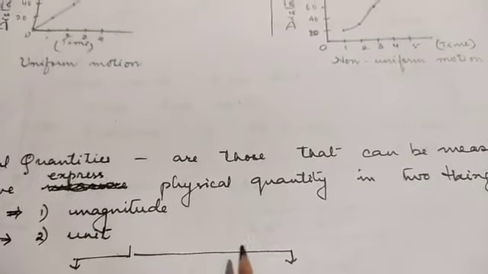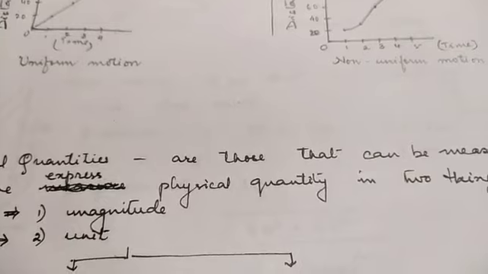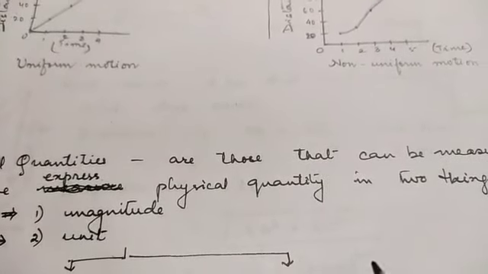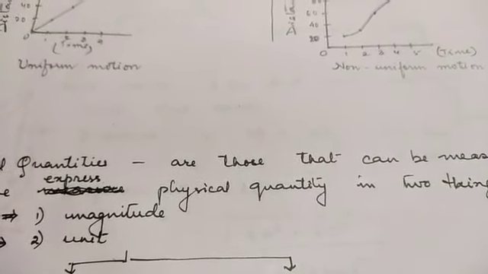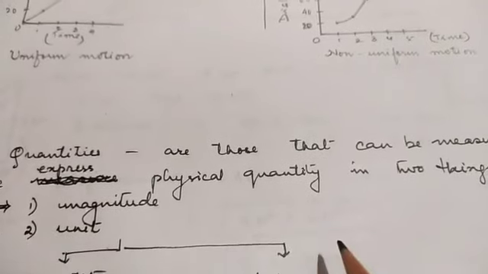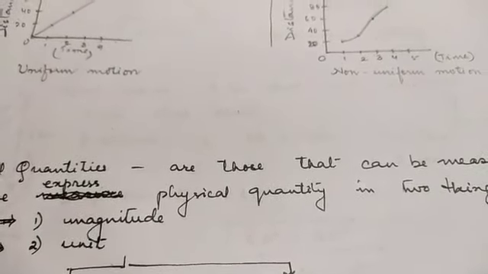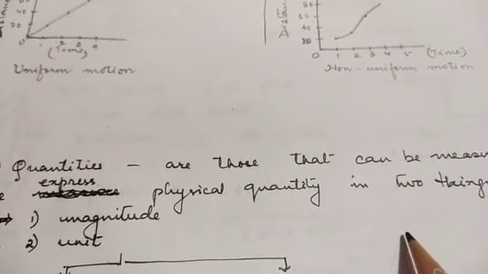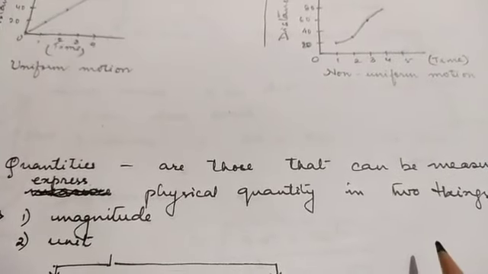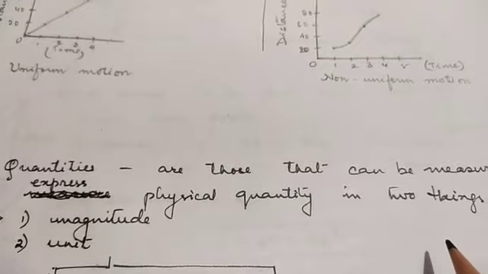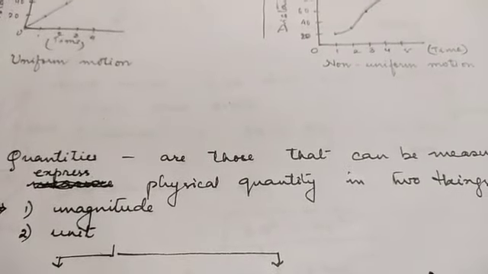Suppose you go to the market to buy any vegetable. Then what do you say? Do you say give me 2 potatoes? Suppose you are buying potatoes. Do you say give me 2 potatoes? No, you ask for a kg or 2 kg or half a kg.